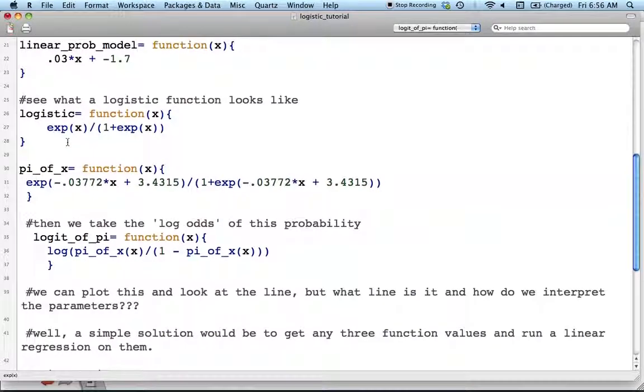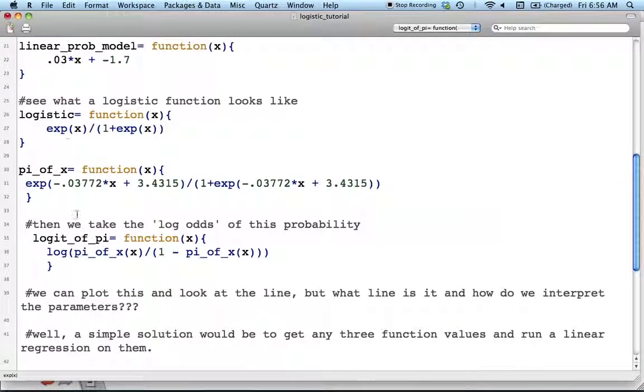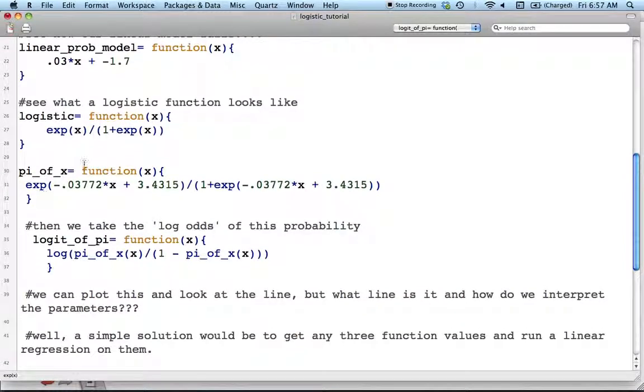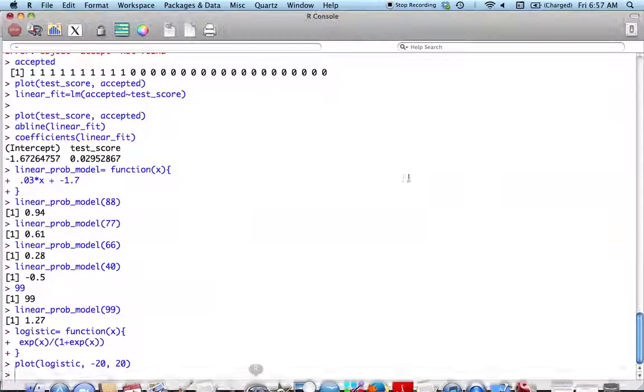I just showed that when you take the log odds, you get back the same line that goes into your exponent in this thing. But anyway, I'd seriously say disregard that. So we want to stay focused here.